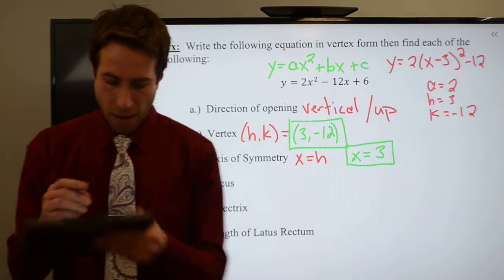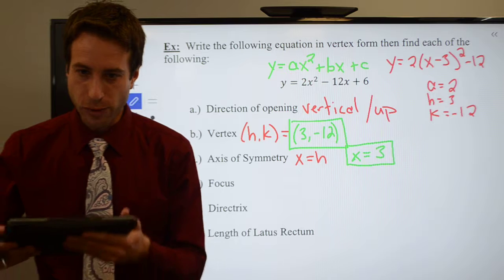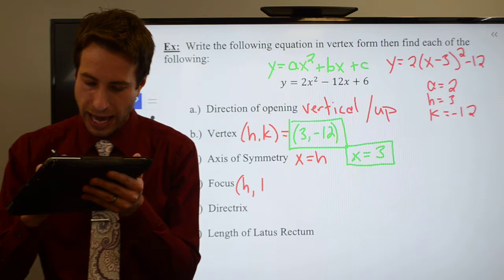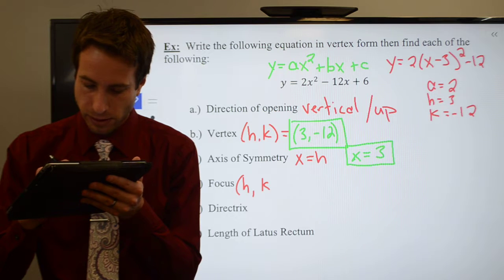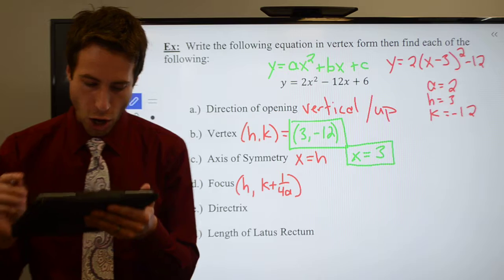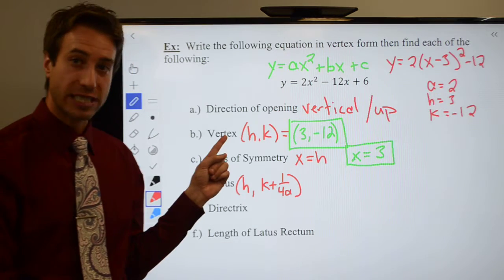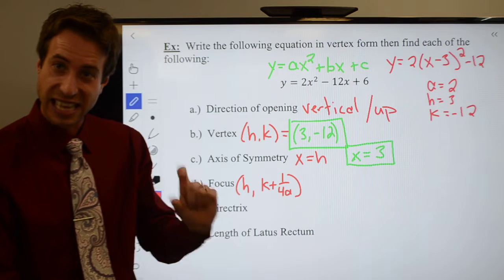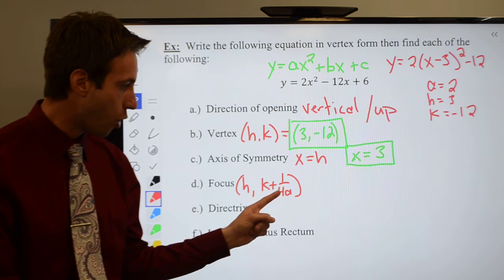The focus on my formula sheet is at H, K plus 1/4A. Remember, from the vertex, I will go up a certain distance. That little distance is 1/4A.